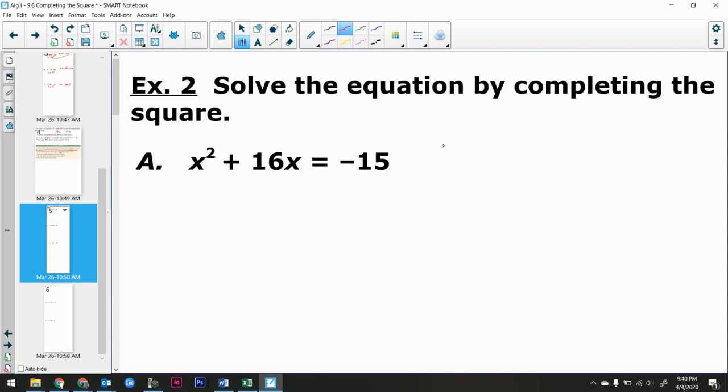All right, here we go. So first step, collect all the variable terms to one side, check. Constant to the other, check. All right, so what I like to do in this case is space it out. I like to leave room. Because I'm thinking, what fills in my blank?